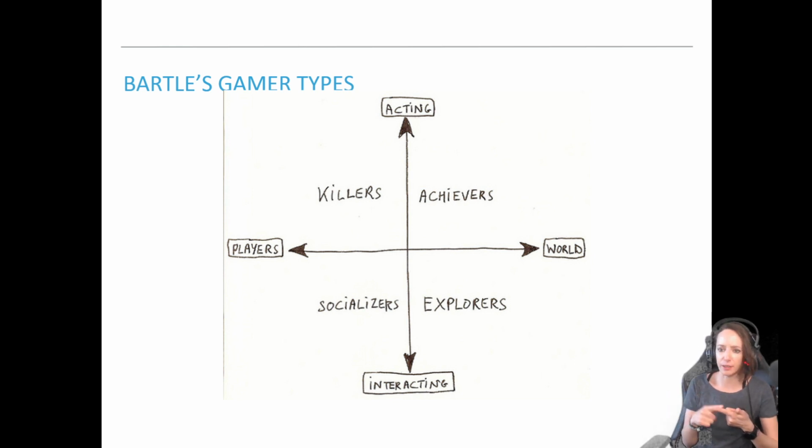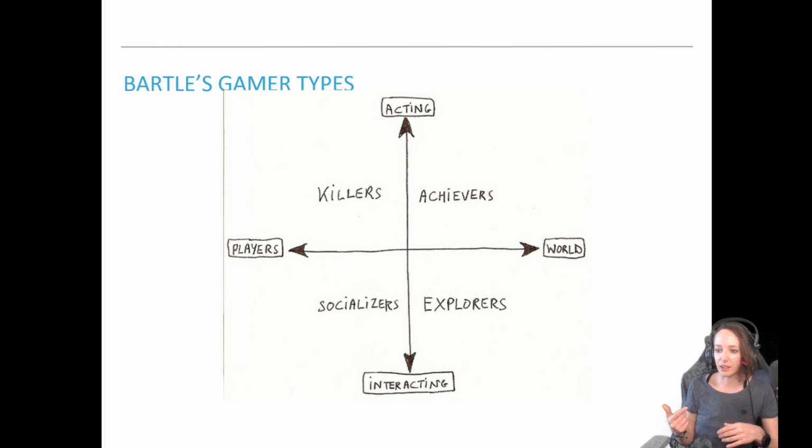And he identified players who play very competitive, who are engaged by having better weapons, being in a better ranking than other players, identified them as killers who are acting on other players. Those who love interacting with other players, he identified as socializers. So players who do love interacting with others, forming groups, fighting enemies together.